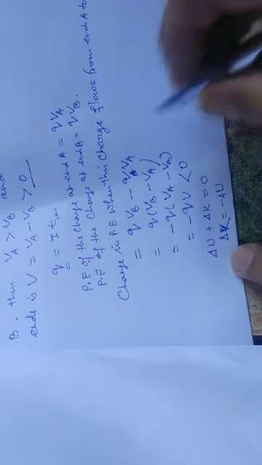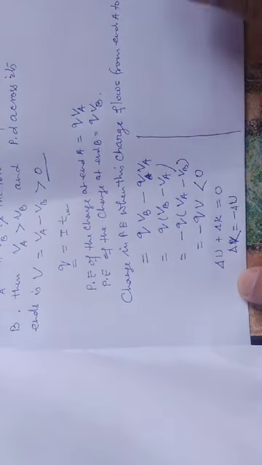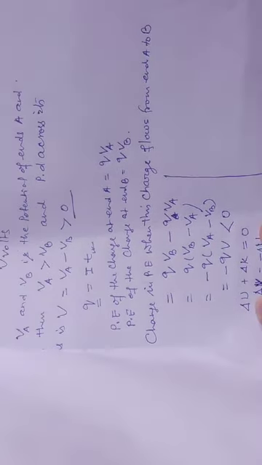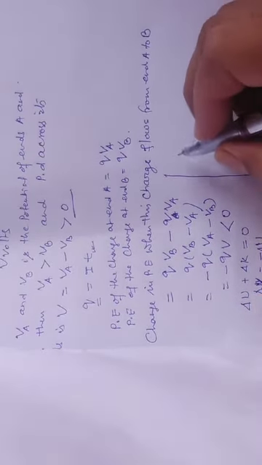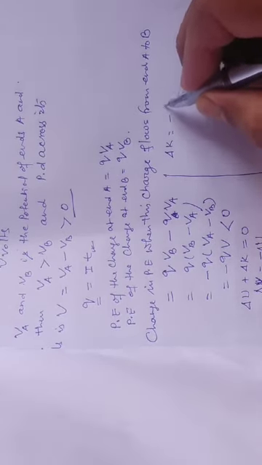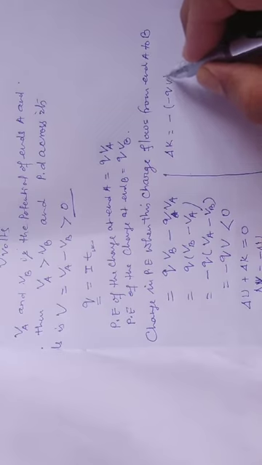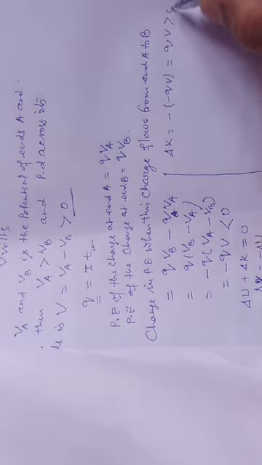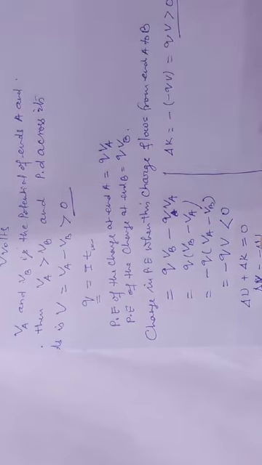So delta U is equal to minus delta K, so delta K is equal to minus delta U. Now delta K is equal to minus into minus QV, which is equal to QV, that is greater than 0.